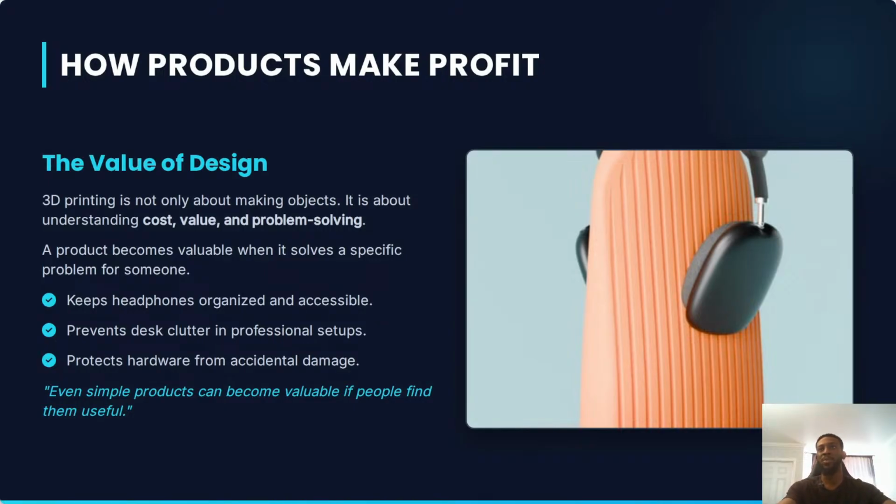If you plan on turning this into a business, it's not just about making it into a hobby or making objects that look nice. So businesses thrive by creating value.